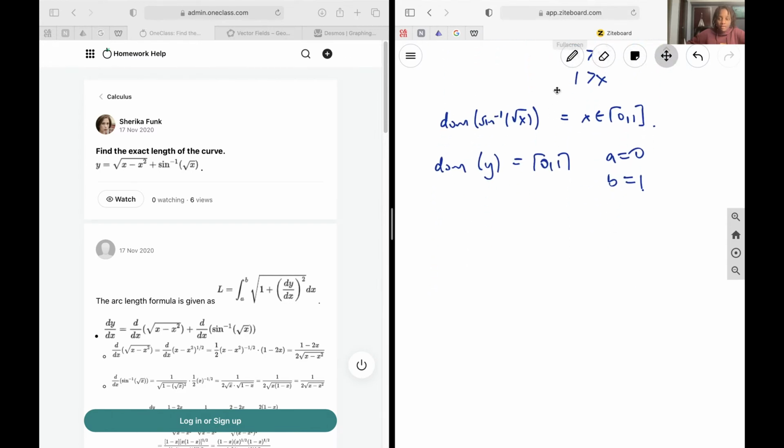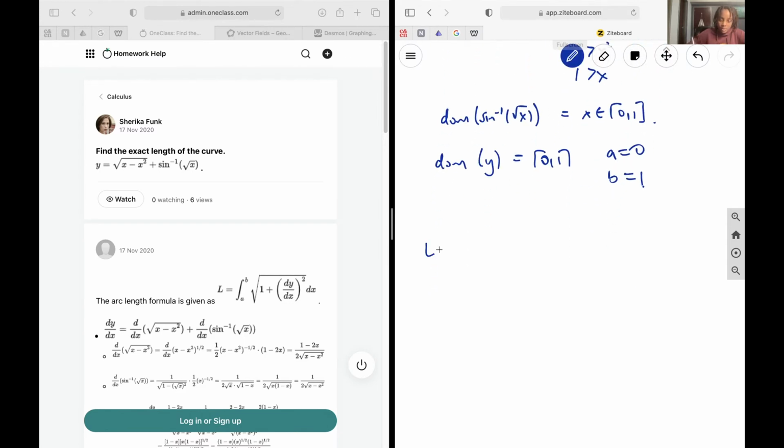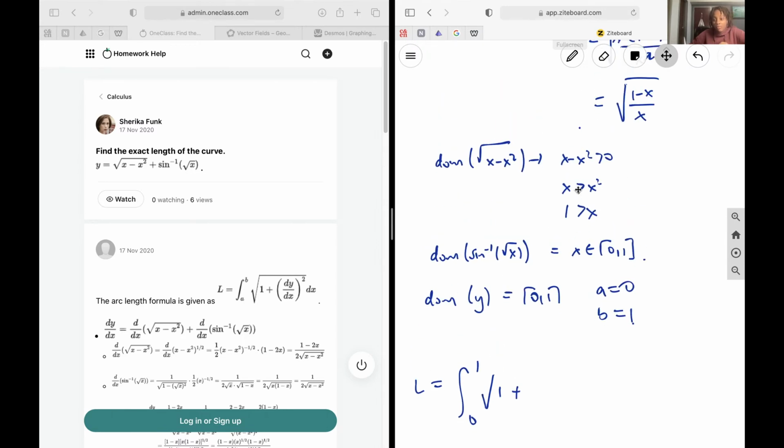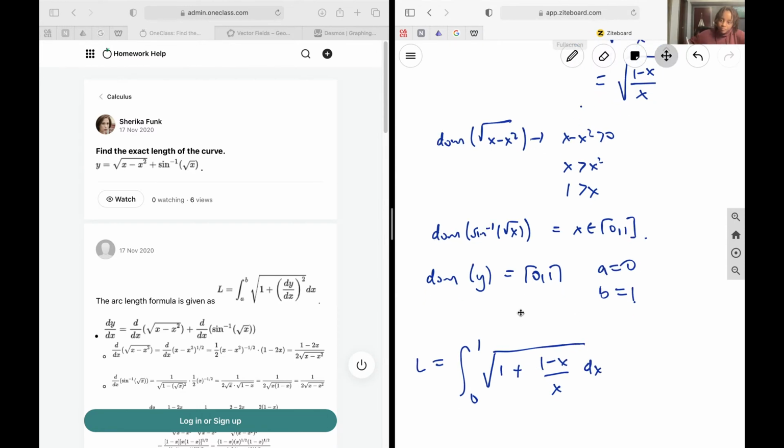And then now I can put everything into my formula. Then integrate from 0 to 1, root 1 plus dy over dx squared. Dy over dx is root 1 minus x over x, so since it's squared, we'll just leave what's inside. So 1 minus x over x dx.